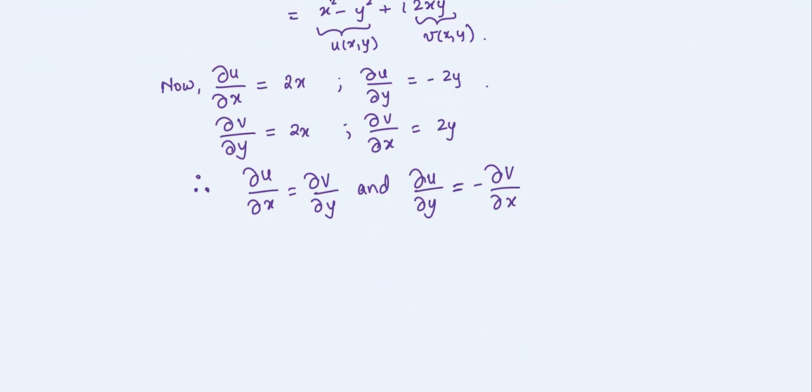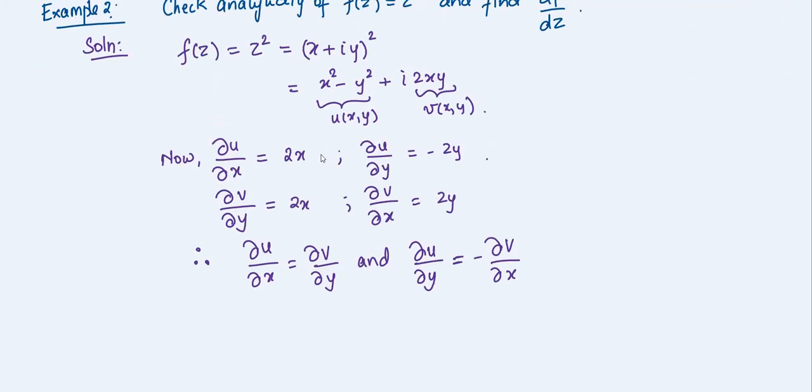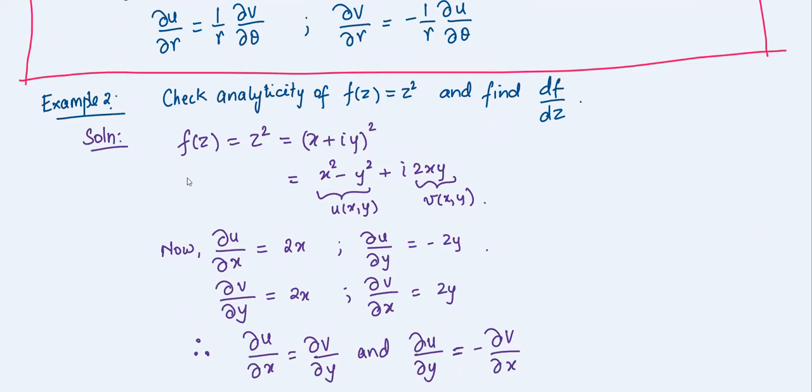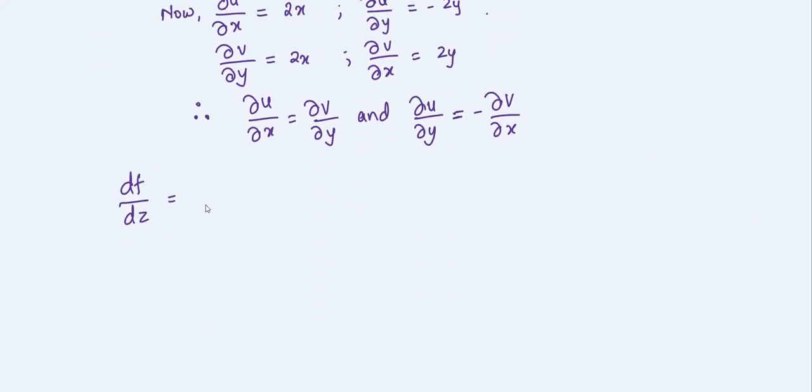So now what is the derivative? How do you find the derivative? So the derivative will be like this. Df by dz will be, now f is u and v, right? So we can approach keeping y constant. You can approach with respect to x.